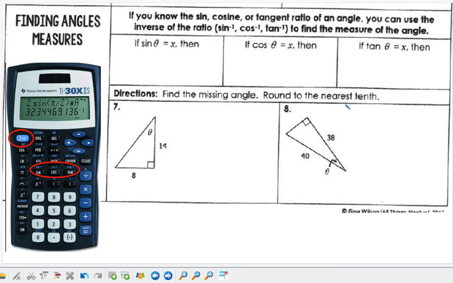Okay, so we can use the inverse of sine, cosine, and tangent to find the angle measure. So when we're given the ratio, we can find the angle measure.